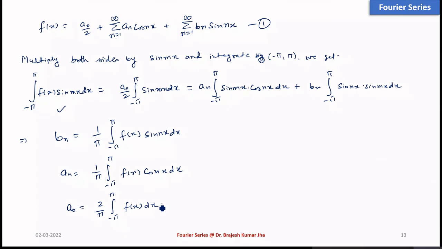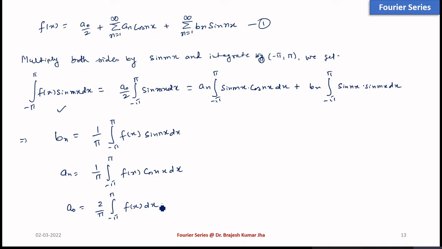Yes, sir. So this is the way to get all the values a0, an, and bn. It is not only applicable for minus pi to plus pi. You can do it for 0 to 2 pi as well, because the period is 2 pi that we have calculated.